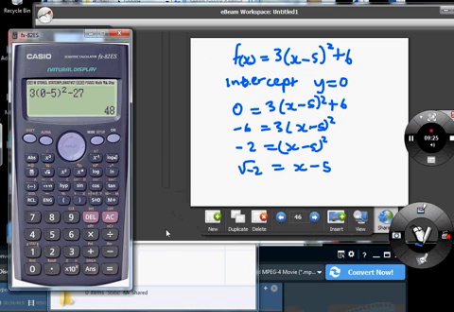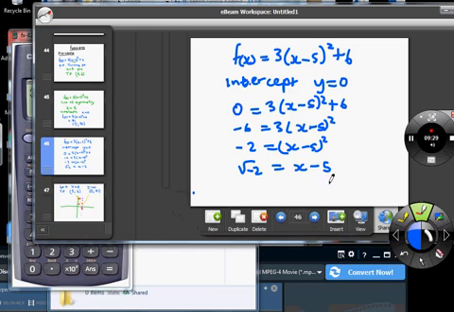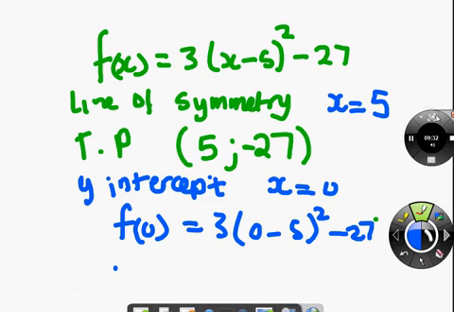And this is going to give me 48. So we got 48 there. So our intercept is going to be 0 for x and 48 for y.